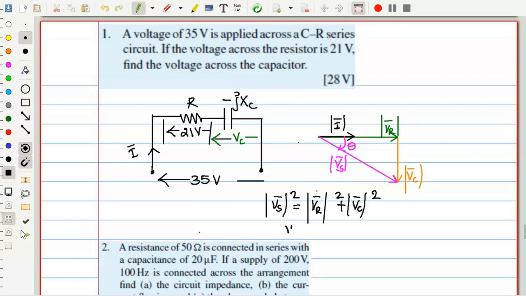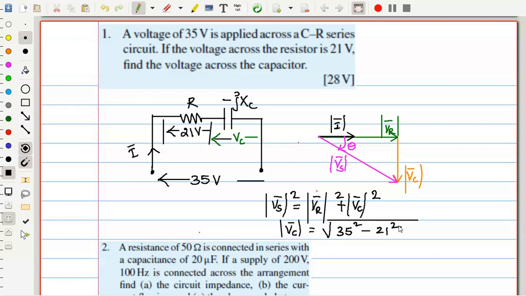So now what is Vc? We need the capacitor voltage. So Vc is equal to the square root of Vs squared minus Vr squared. How much is Vs? 35. How much is Vr? 21. I wrote the answer directly.